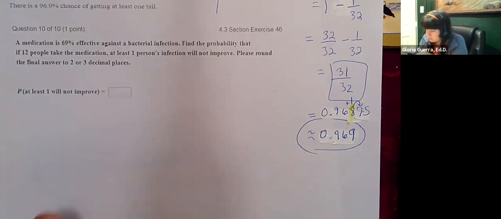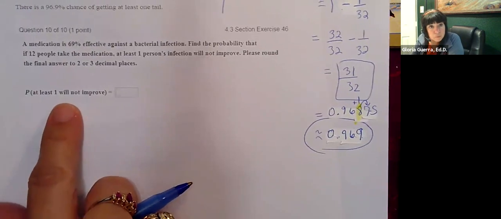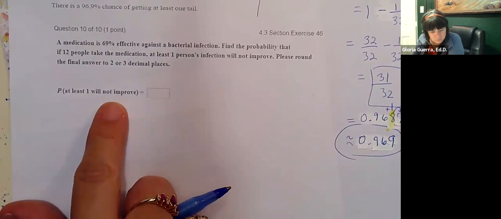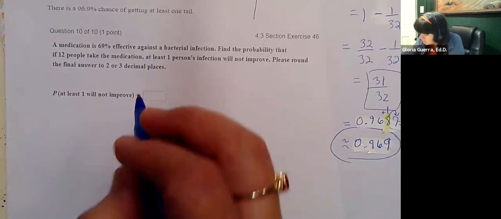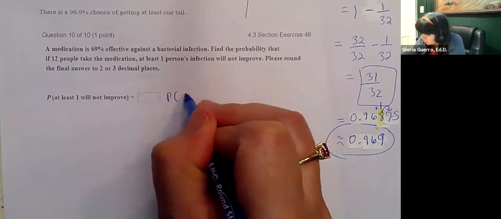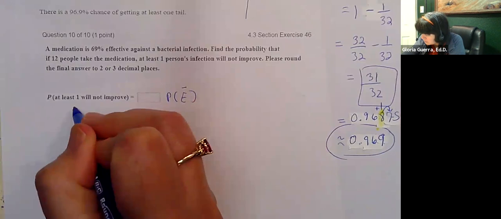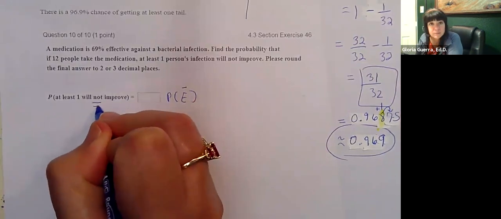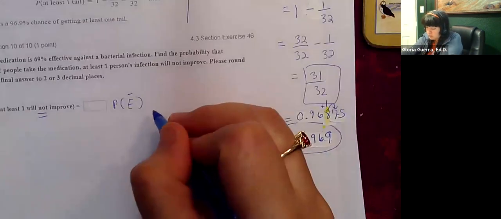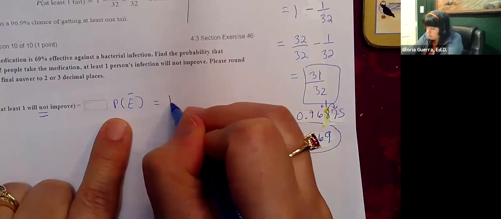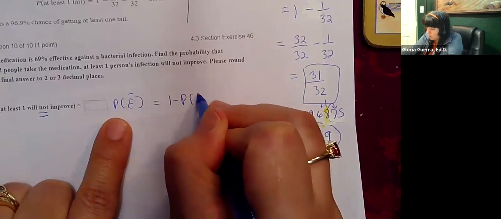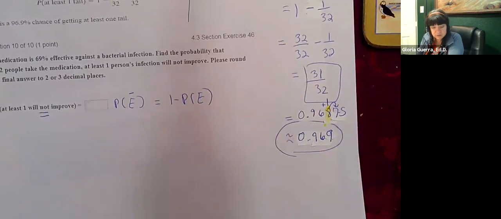So you have here probability of at least one will not improve. This is equal to the probability of E bar because it's got the not in it, and this is equal to 1 minus probability of E. That's what that definition is.